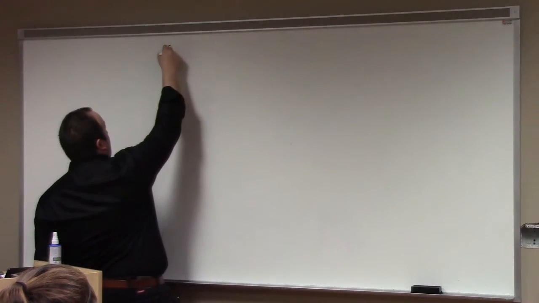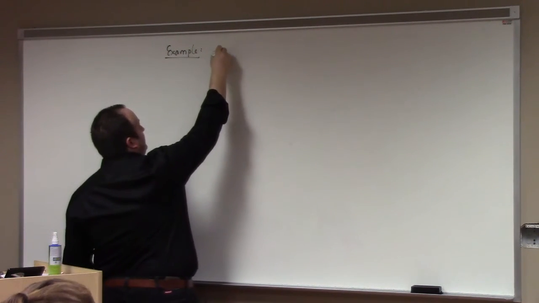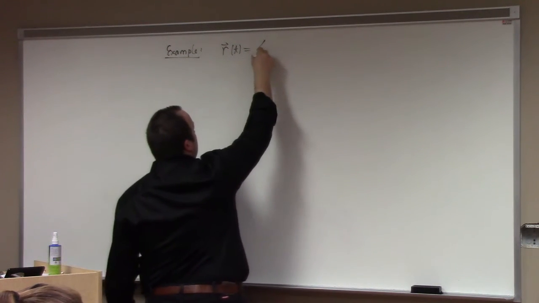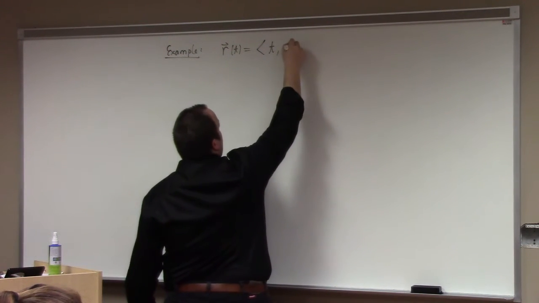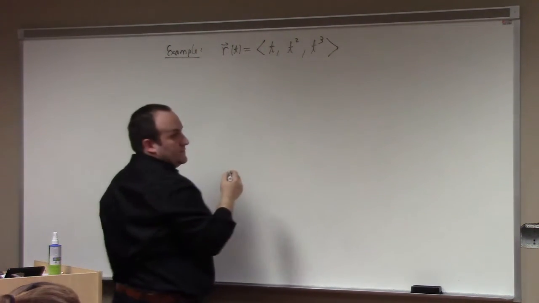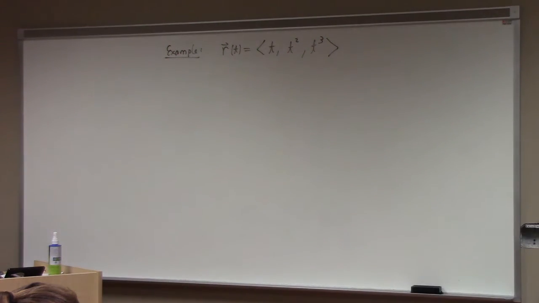So let's do another example. Suppose we look at the twisted cubic. That was r of t equals t, t squared, t cubed. So what's my velocity? What's my speed?